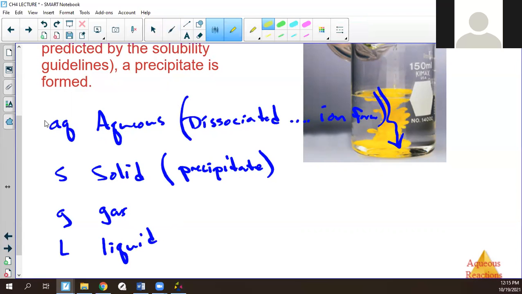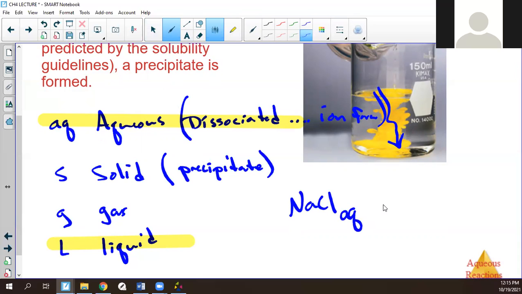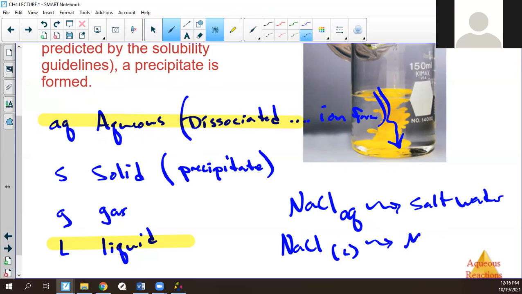Now, you got to know that aqueous and liquid are very different. If I were to write NaCl(aq), that means it's just salt water. If I wrote NaCl(l), that would mean molten salt.